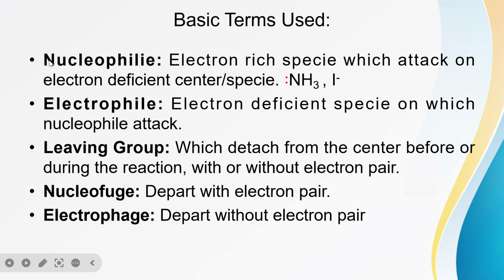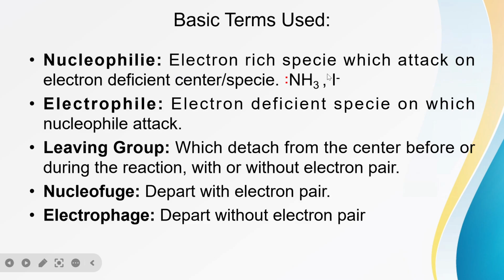So for a nucleophile, there are two possibilities. A nucleophile may be neutral or negatively charged. When it is neutral, it must have a lone pair of electrons, and by using its lone pair, it attacks the electron-deficient center. Take the example of NH3, a neutral molecule, where nitrogen uses its lone pair of electrons to attack an electron-deficient center or species.